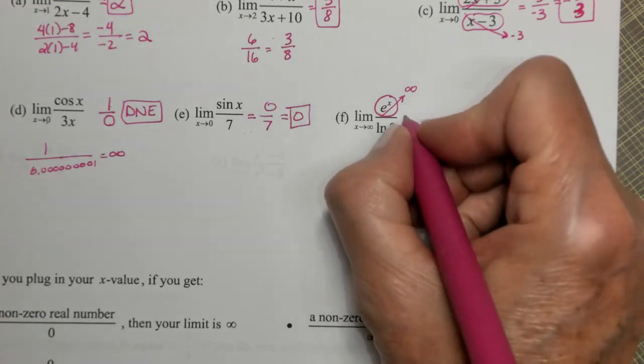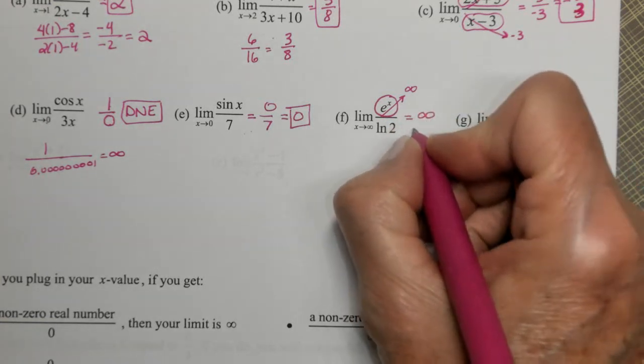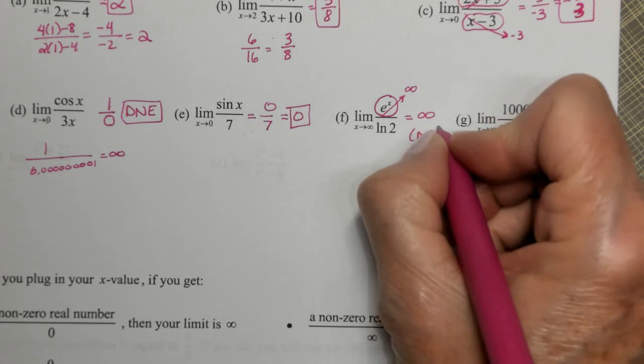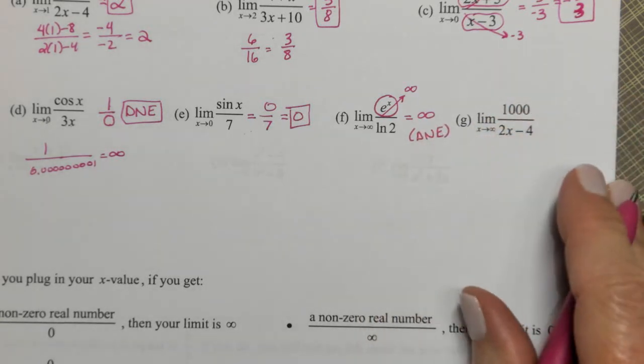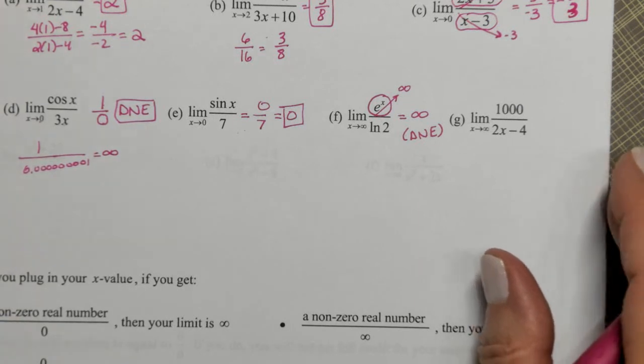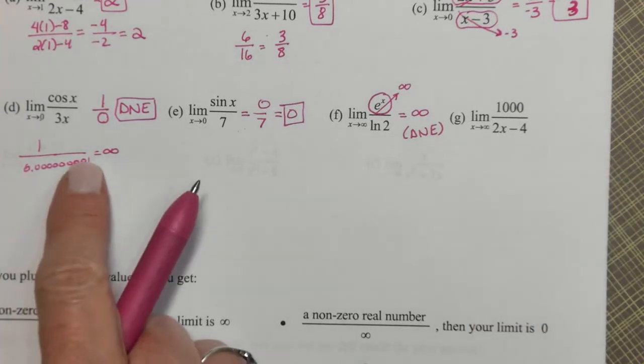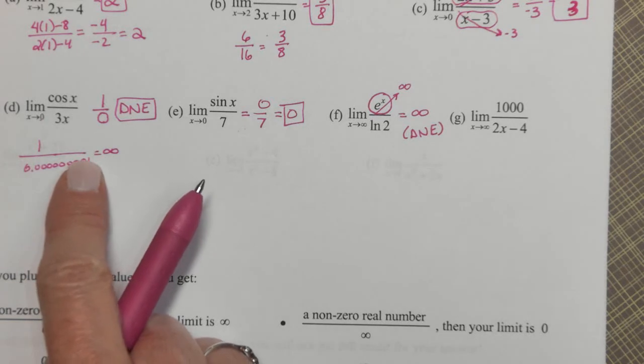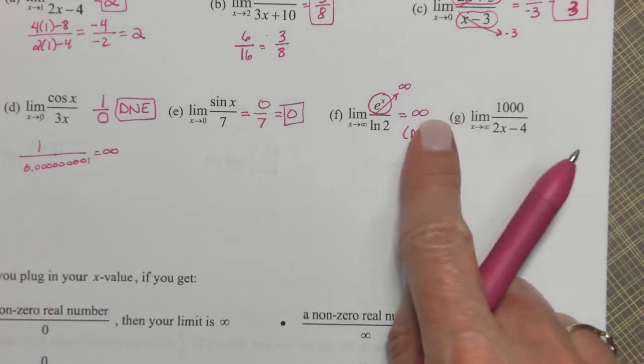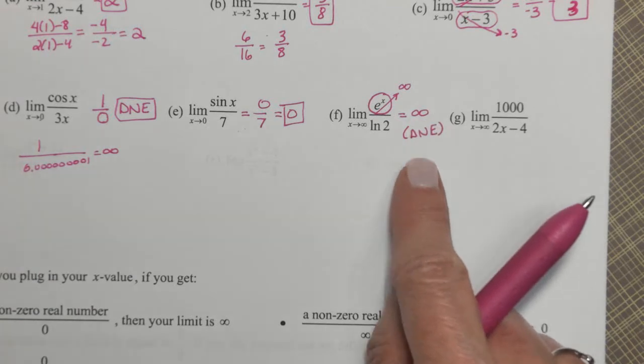This is still going to infinity. This would be infinity, which is a form of DNE. Okay? If you know which infinity it's going to, back here we didn't know if it was going to positive or negative infinity. But if you know which infinity it's going to, you can say it's equal to infinity, but it is still a DNE.